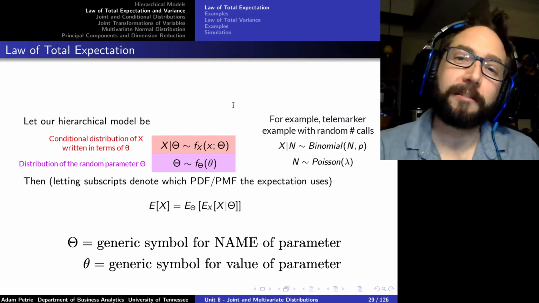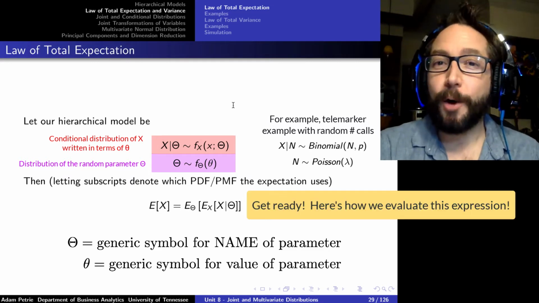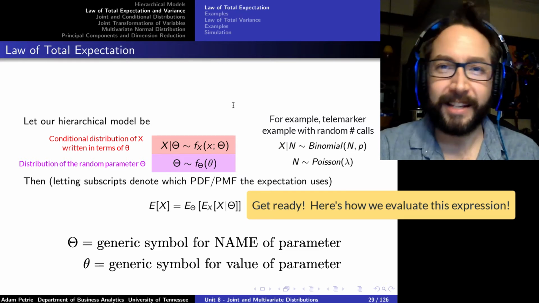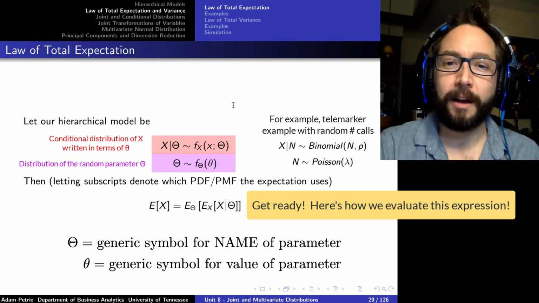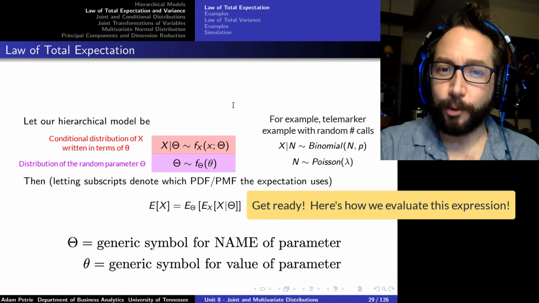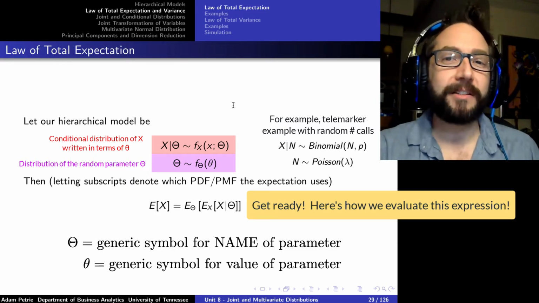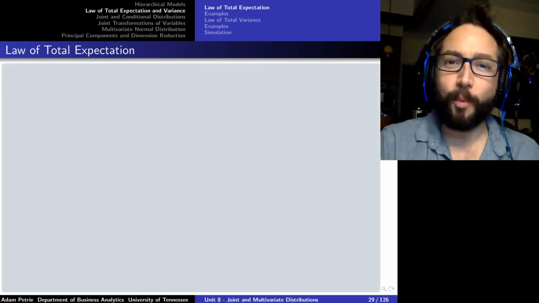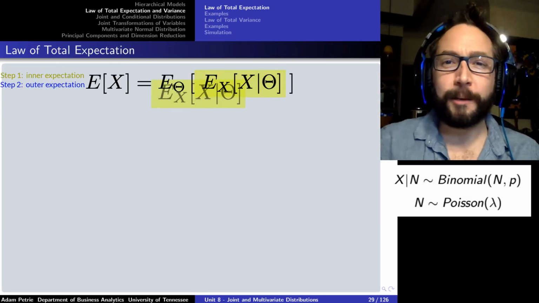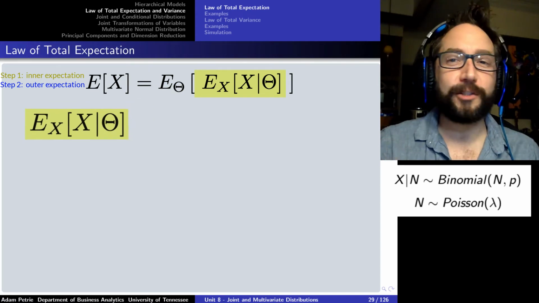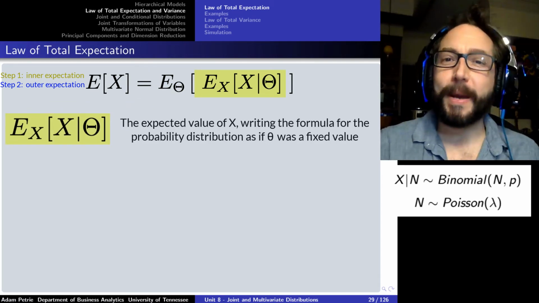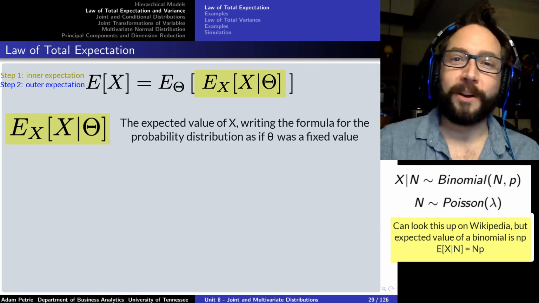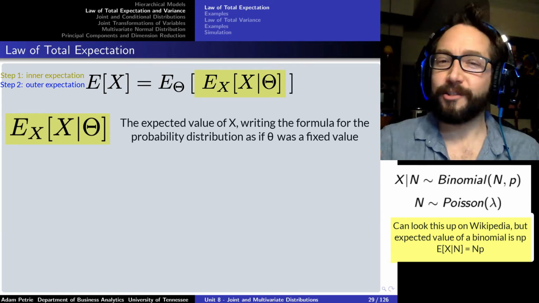So once we write our hierarchy in that form, here's how we can very quickly get the expected value of X, taking into account the random nature of theta here. What we do is we employ the law of total expectation, which asks us to calculate two expected values. So step number one, we're going to pretend that theta is some fixed quantity, and we're going to get the expected value of X in terms of theta here. So we know the expected value of Poisson is just lambda.